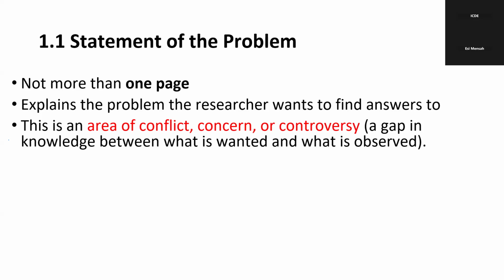Now, the statement of the problem also has two main aspects in terms of its structure. We want to see the empirical side of things, meaning what has been written in the literature by experts. Where will you get literature? Google Scholar is one place. There are other repositories where there are articles.